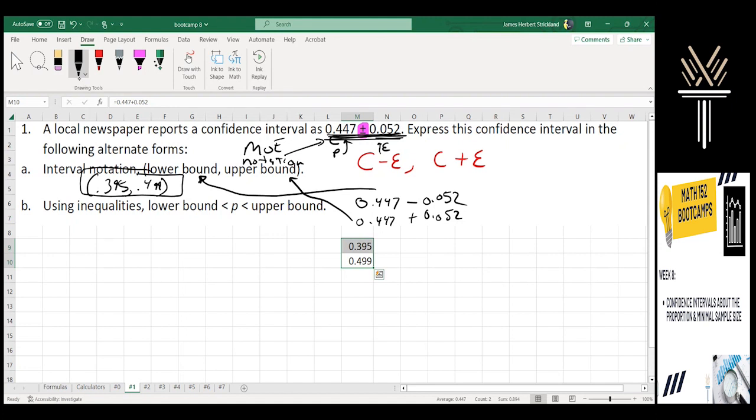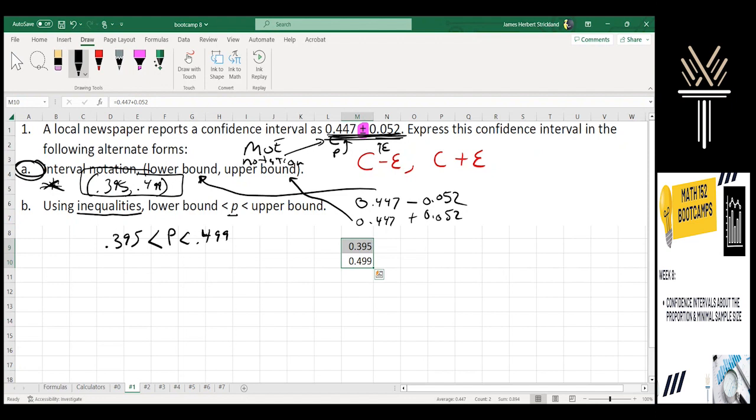And then there's one more way to represent a confidence interval, and that's by inequalities. It always goes smaller number is less than our center, which in this case is the proportion, which is less than the bigger number. So for confidence intervals, all three methods are legitimate ways of representing a confidence interval. It just so happens that A here is the most common way you'll see in this class.